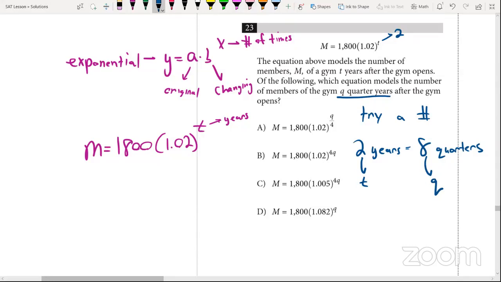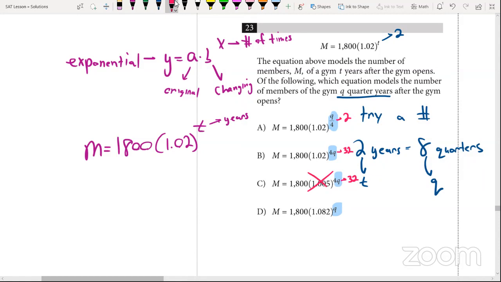So now which of these expressions here would cause us to have the same 2 that we need, because we're talking about the same period of time? And so I would just try the number 8 in all of these. So here you have 8 over 4, which is 2. 4 times 8, which is 32. Once again, 4 times 8, which is 32.